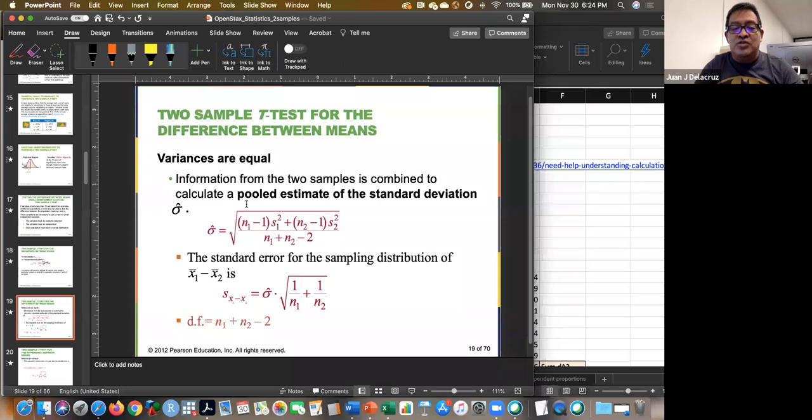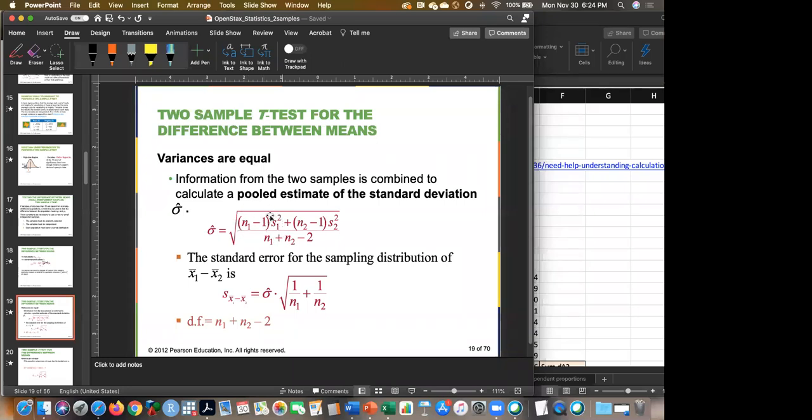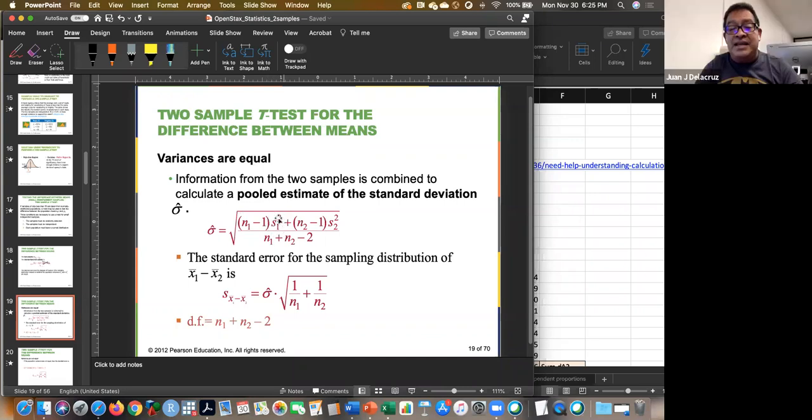Here we have the degrees of freedom times the variance of the first sample, plus the degrees of freedom of the second sample multiplied by the variance of the second sample.